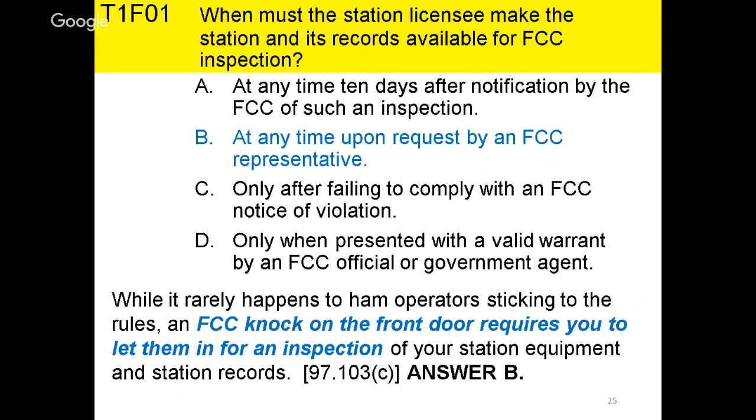The FCC drops by and says, "Hey, we want to check your logbook. I want to check your equipment." You can kind of cover yourself that way. And it rarely happens. But on occasion, particularly if there's a complaint filed, the FCC can come to your door. I know a few news stories where that has happened to a few people.